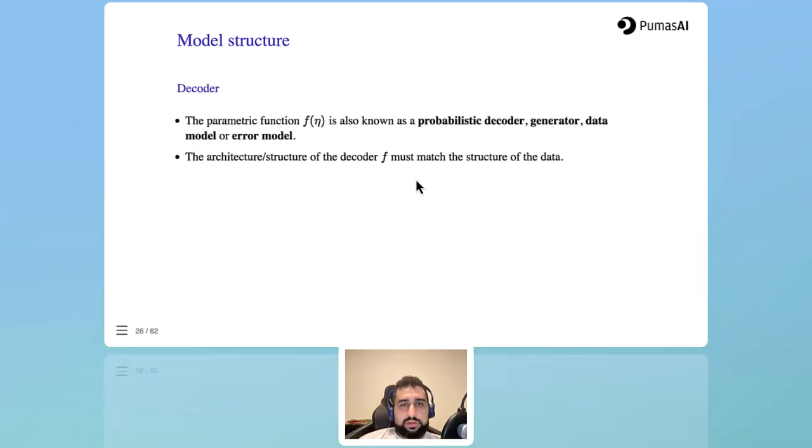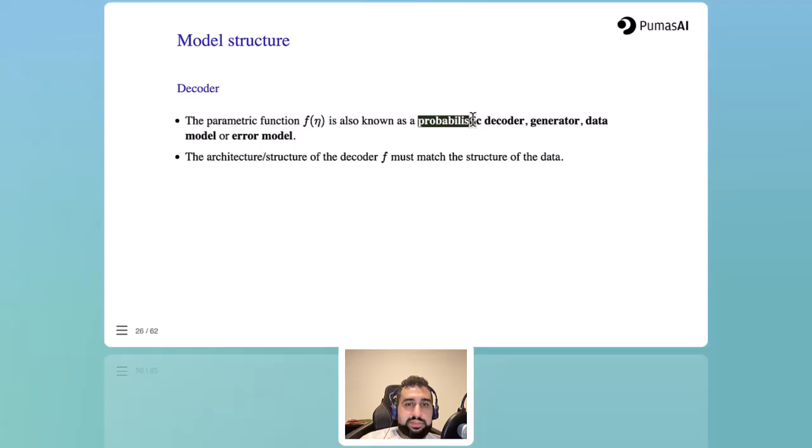Good. Now, the next part is this parametric function. That's the next component of this very common structure of generative models that we discussed. This decoder, this parametric function, is often known as a decoder in machine learning. The parametric function, in this case, is called f of eta.